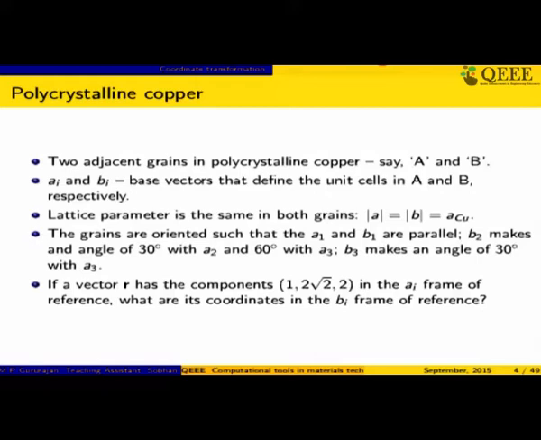The important thing to realize is that the vector has its own independent existence. A vector is a quantity which lives in three-dimensional space because it has a magnitude and a specific direction. But when we refer to it, we want to give some coordinates for this vector, and those components or coordinates depend on your frame of reference.